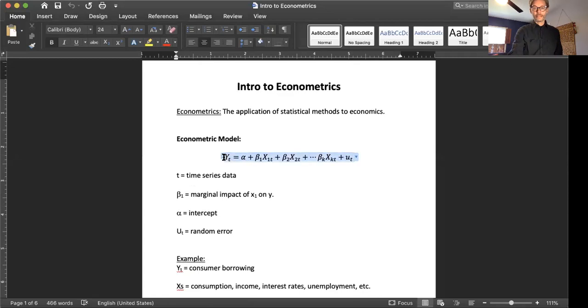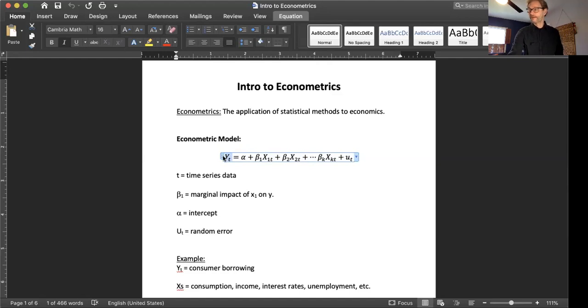Now, before you get freaked out, those of you who are a little leery of math, this is actually just a mathematical representation of a pretty simple idea. The idea here is that one variable is caused by another variable. We call Y_t here the dependent variable, meaning this is the variable that we're interested in exploring.